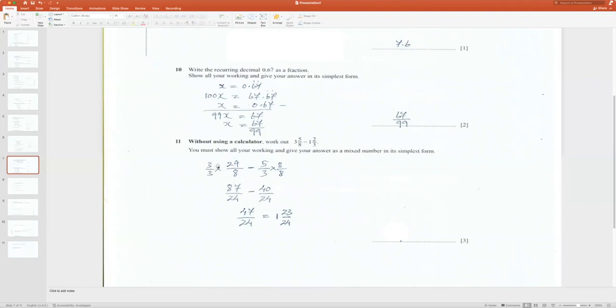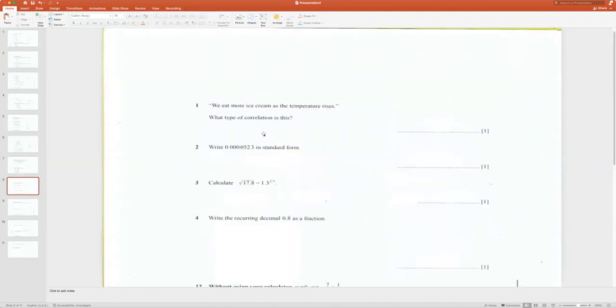So 3 times 29 is 87 and 3 times 8, 24. Here 8 times 3, 24, and 5 times 8, 40. So 87 minus 40 is 47 over 24. And as a mixed number, 1 and 23 over 24.